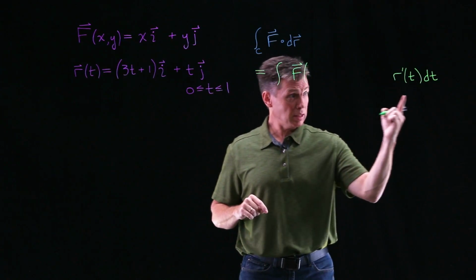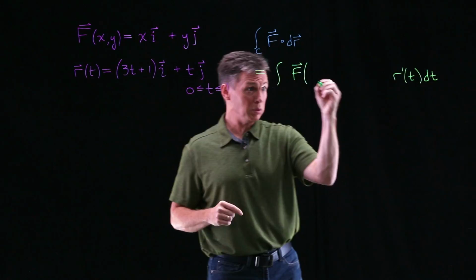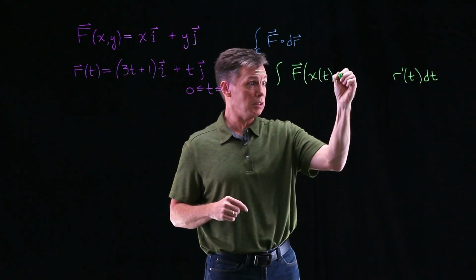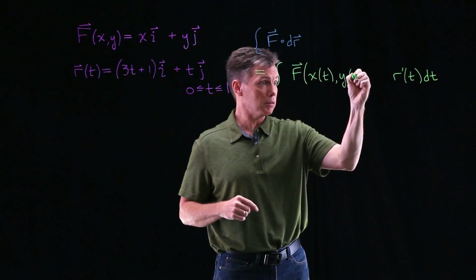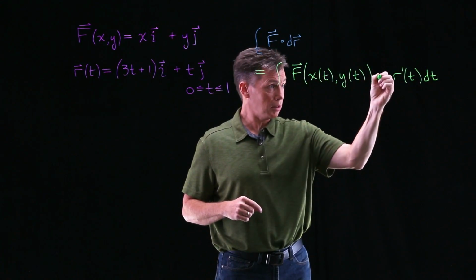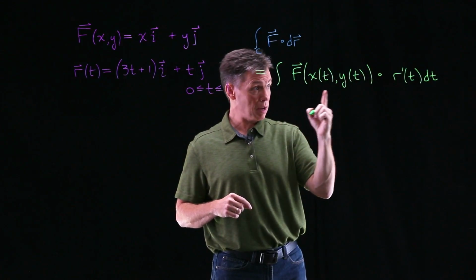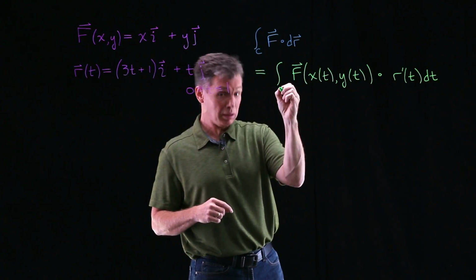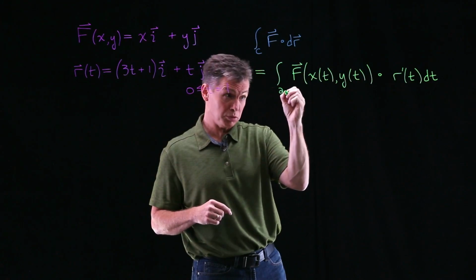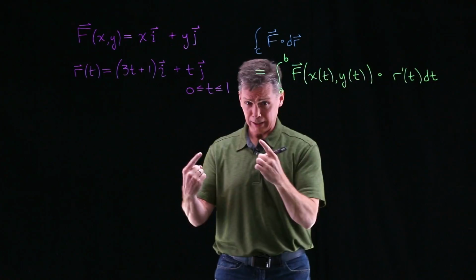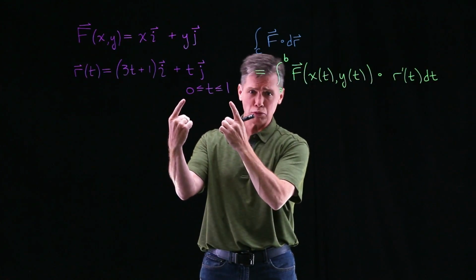You're going to have that same independent variable. The way we do that is just f of x of t, comma y of t. And then there's the dot product in between. To finish off this integral, if everything's in terms of t, my limits of integration are simply the values of t, high and low. So a to b, looking ahead, that's just going to be the 0 and the 1 for us.